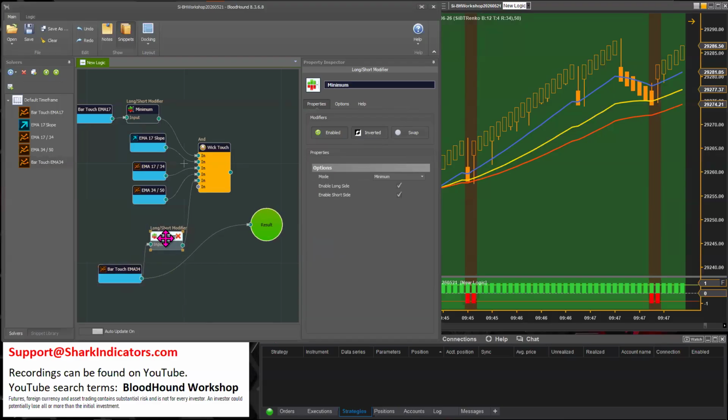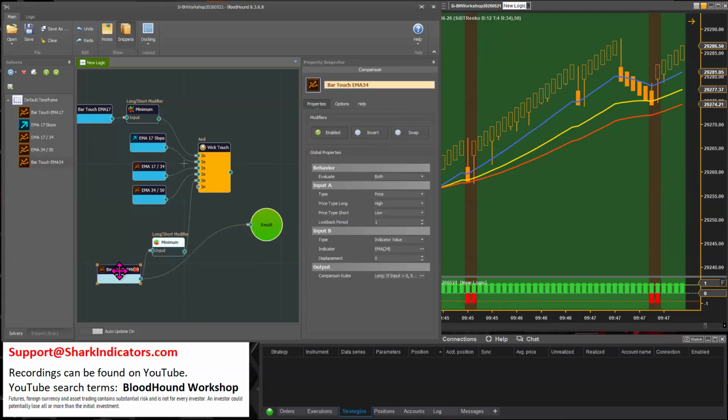But since we are using a long short modifier, I'm actually inverting the function node here instead of inverting this node here.